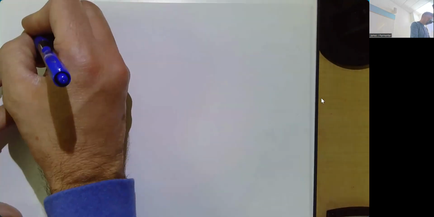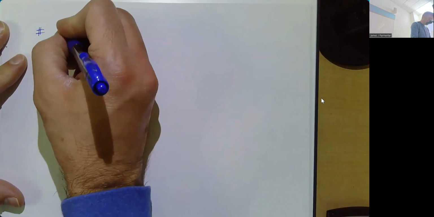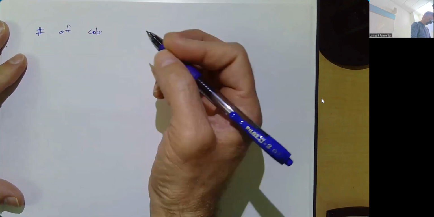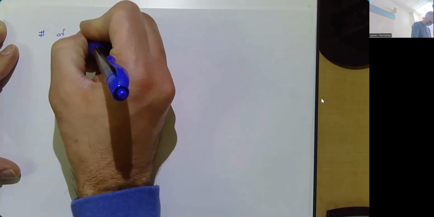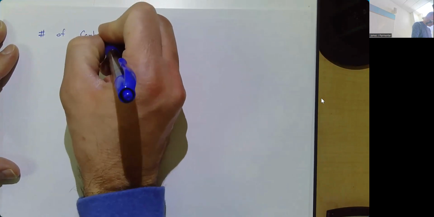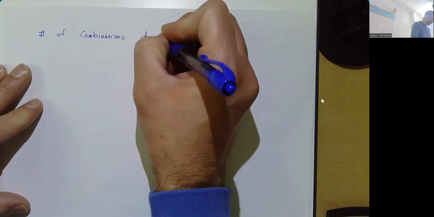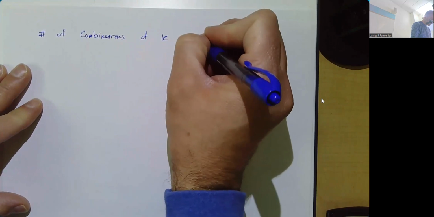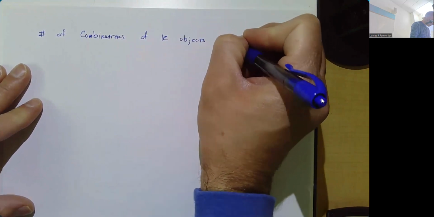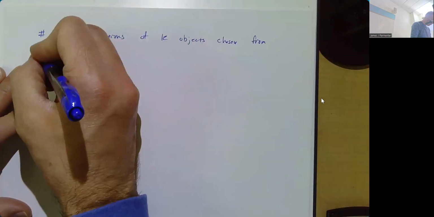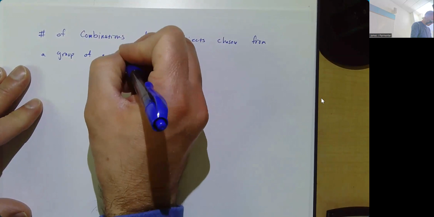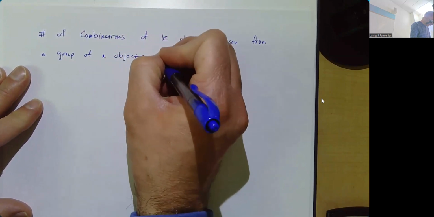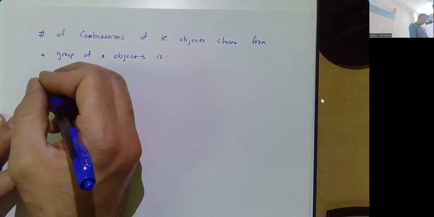So if I want to find the number of combinations, wow, I can't spell. Let's try that again. The number of combinations of K objects chosen from N objects is, and there's probably a couple of good ways to write it.